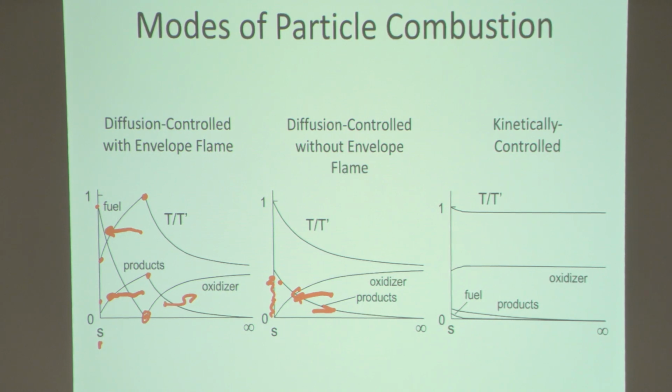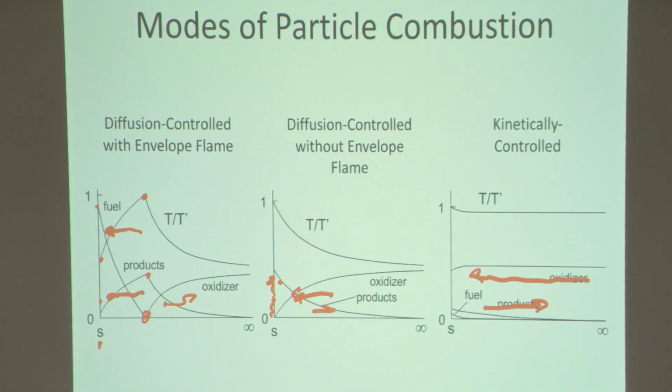Now, if I go to a situation where the overall reaction is kinetically controlled, then I'm likely going to have a surface reaction that's slow. Okay, and as a consequence, the oxidizer is going to diffuse very quickly to the surface. The products are going to diffuse very fast away from the surface.